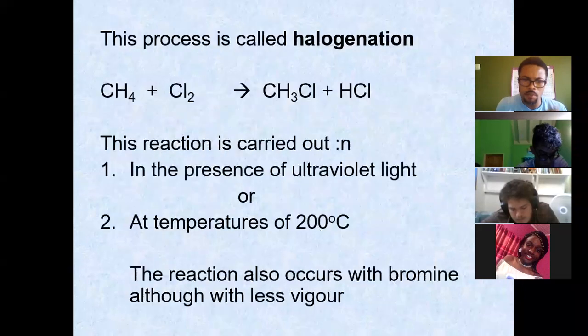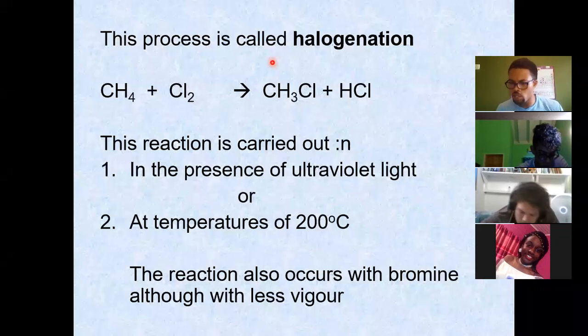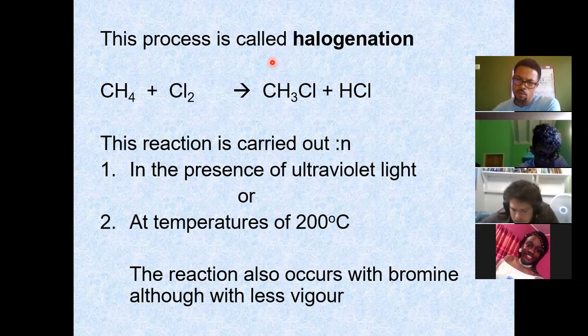So this is an example of a substitution reaction. This process is called halogenation. Halogenation is an example of one of the reactions that occur with an alkane.